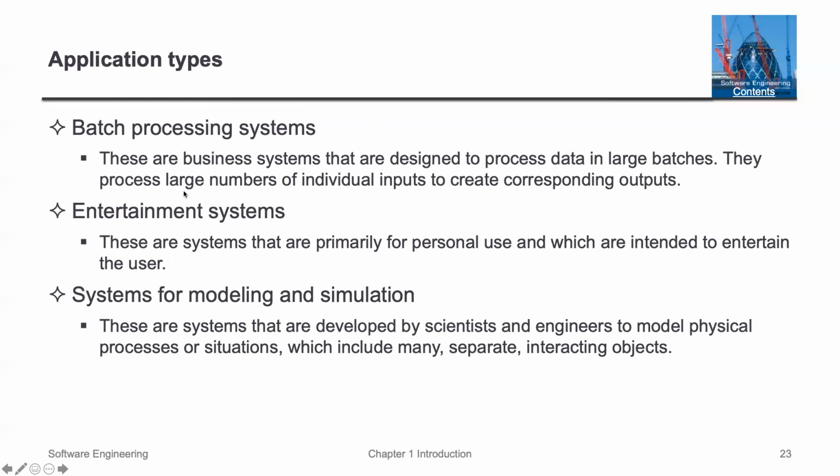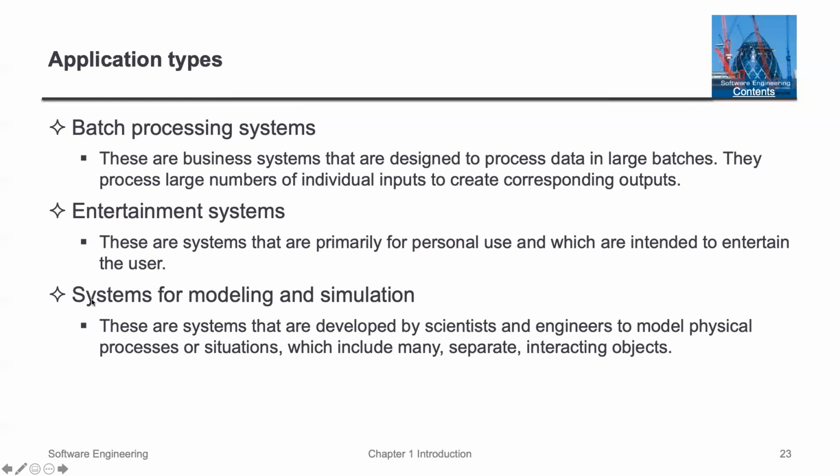These large numbers of individual inputs go through some computational process and the corresponding outputs are made available. Entertainment systems are another thing that's becoming more popular. Streaming services, for example. These are systems that are primarily for personal use and are intended to entertain the user, providing content of one type or another.